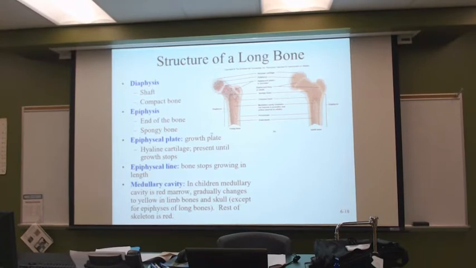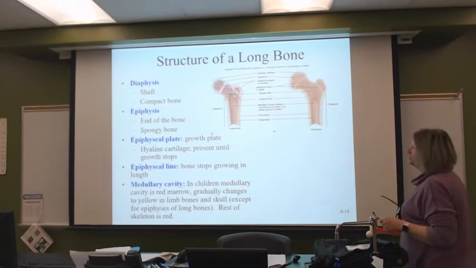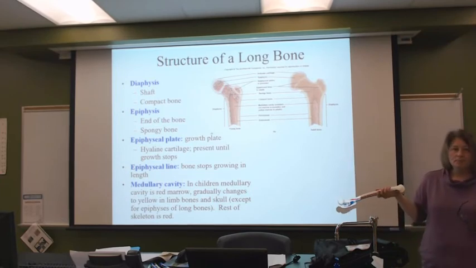So it'll be a section of this long bone. But when you're an adult and you have reached your full height, it forms a line because it's completely hardened now. It's not hyaline. So the epiphyseal plate will lead to the epiphyseal line.